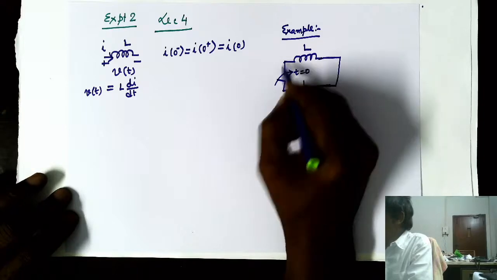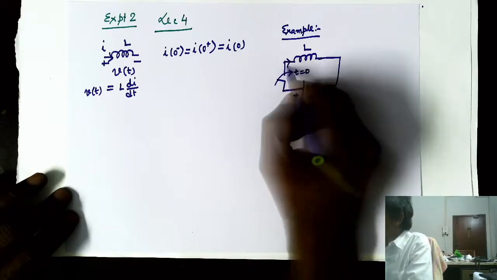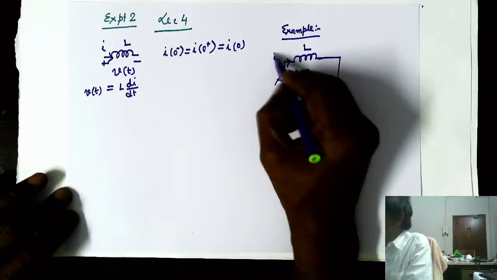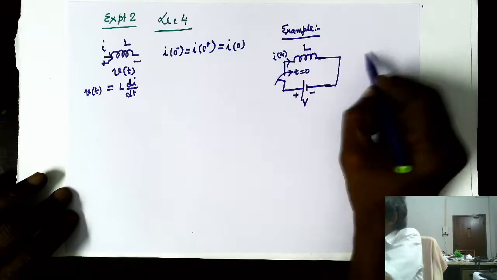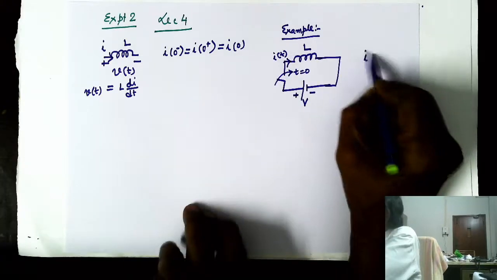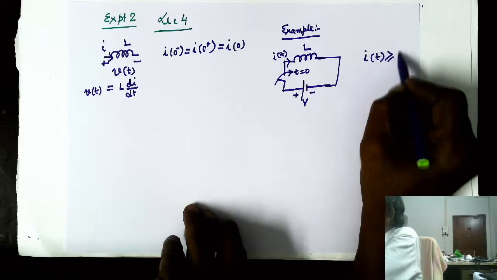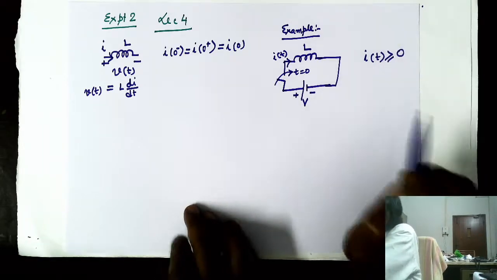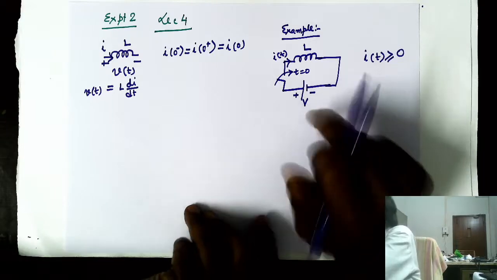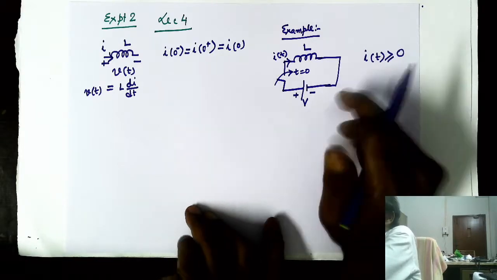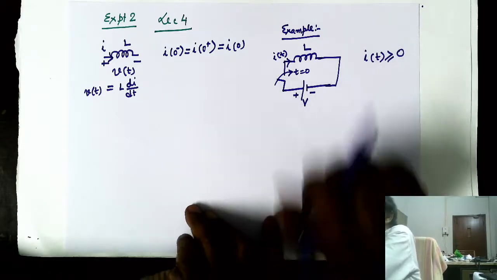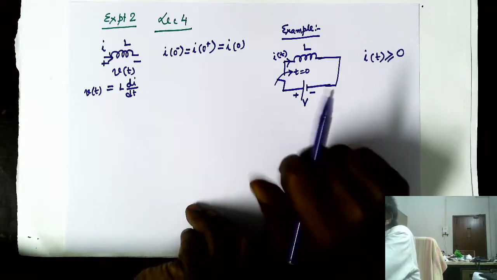and I want to find out i(t) for t greater than or equal to 0. First thing, when such a problem is given, I should ask whoever is giving me this problem, was the inductor initially carrying any current?